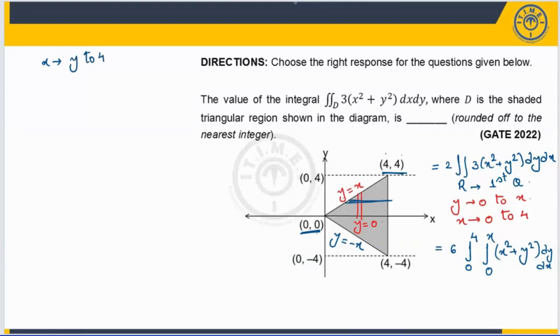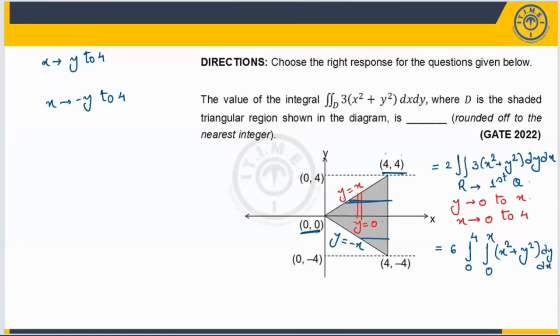And if I'm taking the horizontal strip at the bottom, x is varying from where to where? Negative y to 4. So you are getting 2 horizontal strips. So you have to divide the region into 2 parts. So it is a bit complicated.